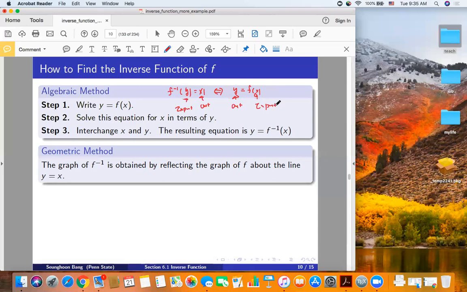You have to interchange the roles of x and y. This is the key here. You can interchange the roles of x, y. Here, reflect the graph about y equals x. This is the same, only interchanging the roles of x and y. So, one example here.